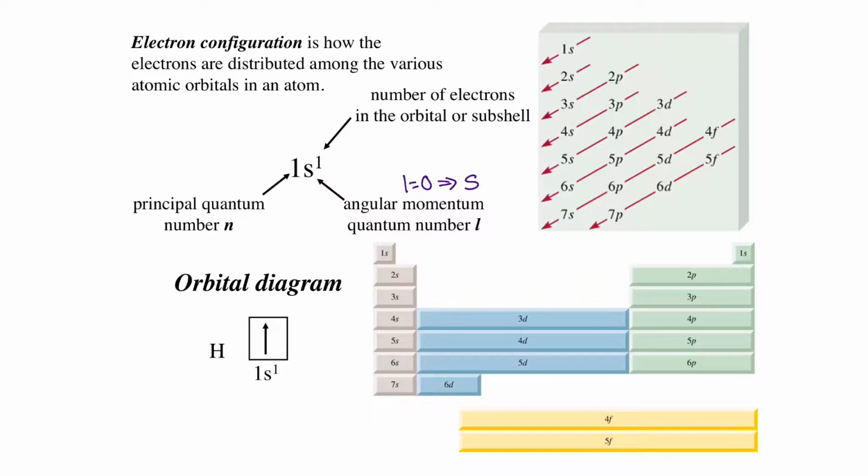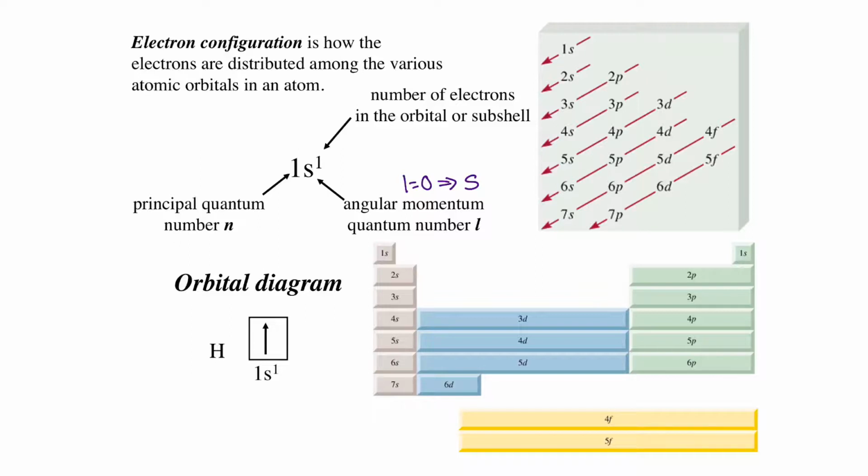Remember you get one s orbital, 3 p orbitals, 5 d orbitals, or 7 f orbitals, total for each energy level. That's going to dictate how many electrons you can have in each orbital.